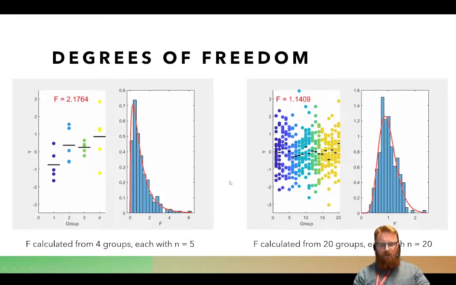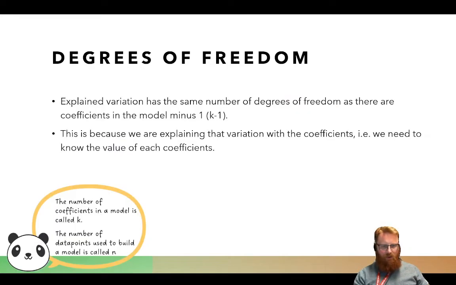Okay. So we know we need to know the degrees of freedom, but let me try and justify why the explained variation has one type of degrees of freedom and the unexplained variation has a different one. It's going to be a little hand-wavy. You're just going to have to go along with me here. So what is the explained variation?